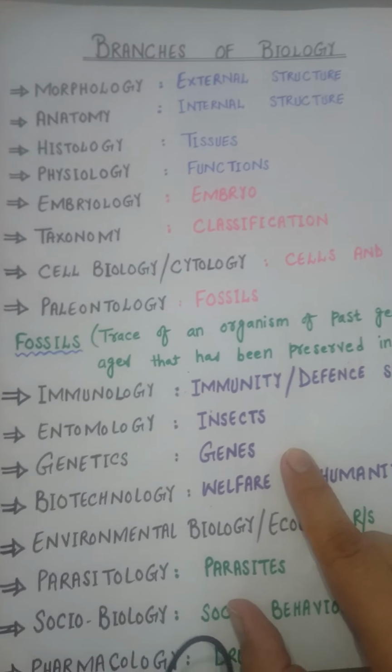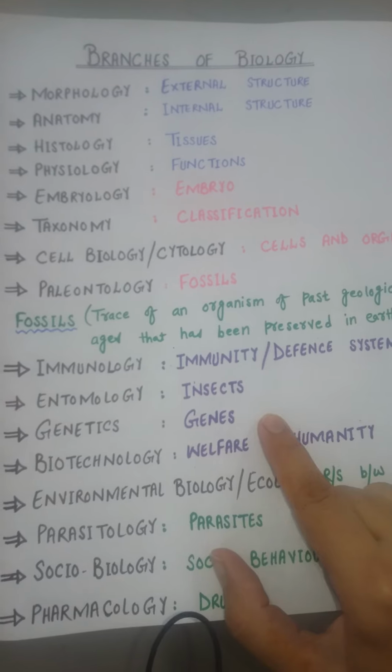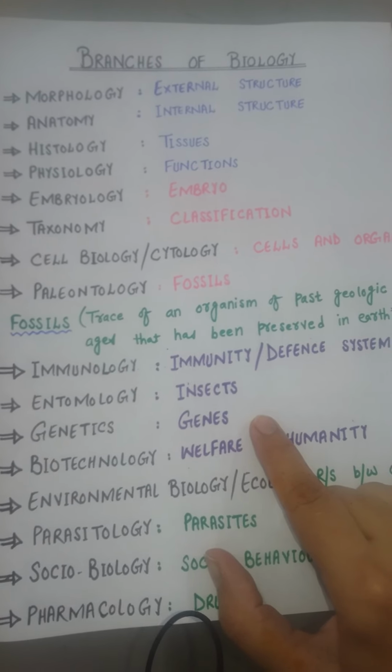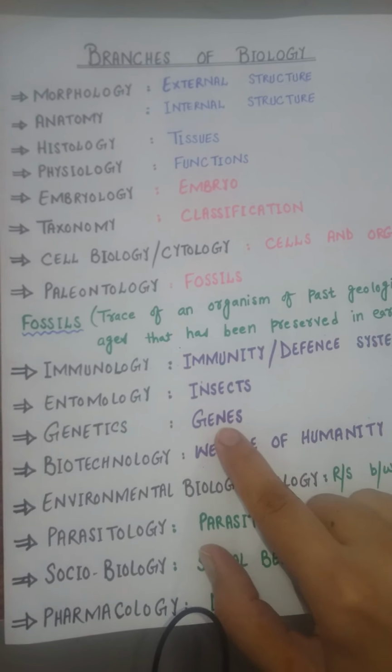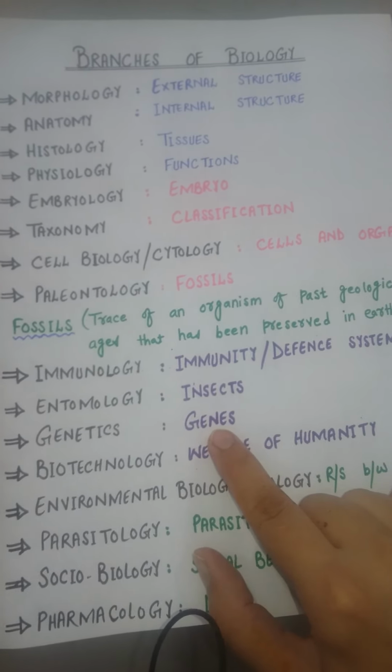Genes are segments of DNA. What is the function of a gene? Genes control specific characters. By the help of genes, different characters are transferred from parents to the offspring. Gene is the unit of heredity. So in genetics, we study the genes and the different characters which are transferred from parents to the offspring.